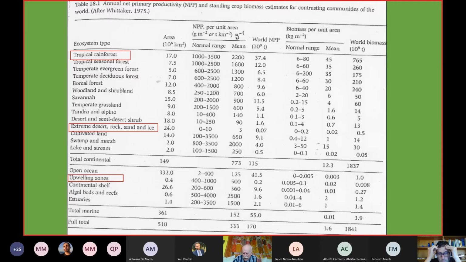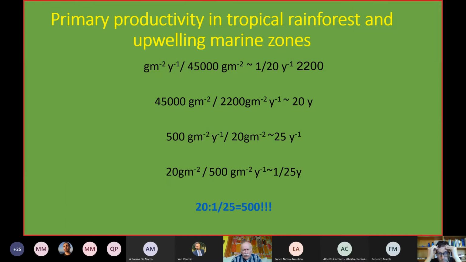I'm trying all the time to divert your thinking towards the mariculture of algae. Now, if you calculate what I said before, to double the biomass of the trees will take about 25 years, and with the phytoplankton, it will take 1/25 of a year.